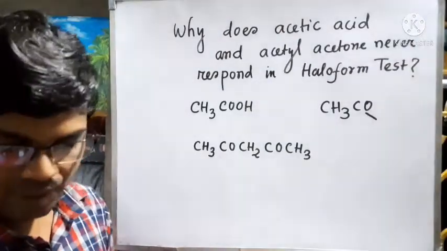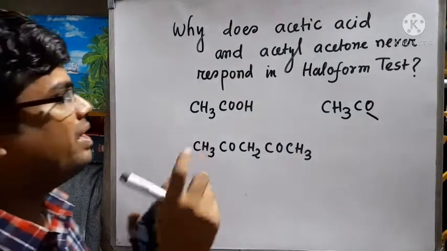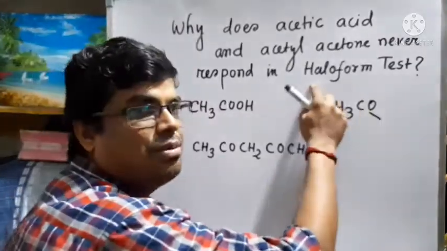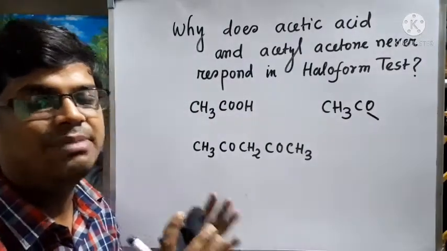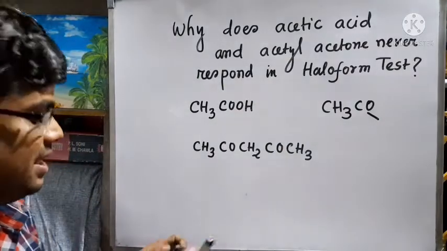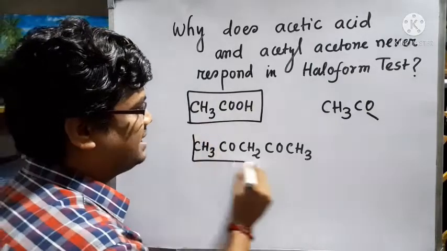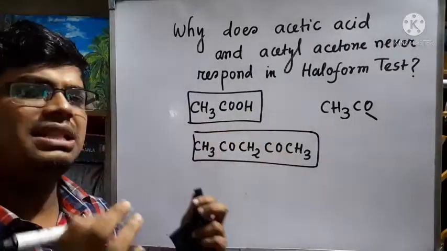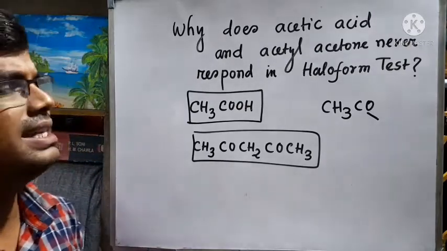Now today we are going to discuss that, in spite of containing these types of ketomethyl group, there are some organic derivatives that never show the organic name reaction, that is, the haloform test or haloform reaction. The first and foremost one is acetic acid, acetyl acetone, and there are other compounds also: acetamide, acetyl chloride, acetic anhydride.